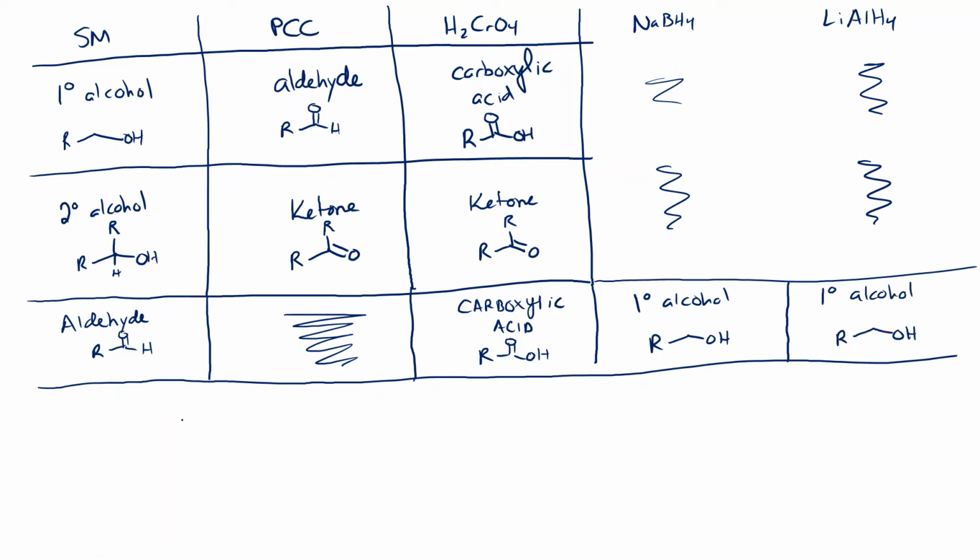Okay? All right, ketones. Nothing happens here, nothing happens here. If we reduce a ketone, we're going to get a secondary alcohol. Same mechanism as the previous slide, right? We add a hydrogen to that carbon, we break the carbon-oxygen pi bond, push the electrons up onto the oxygen.